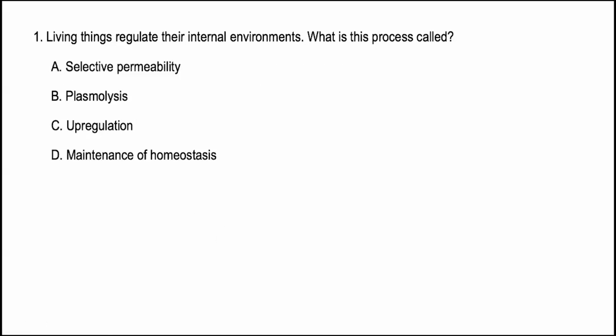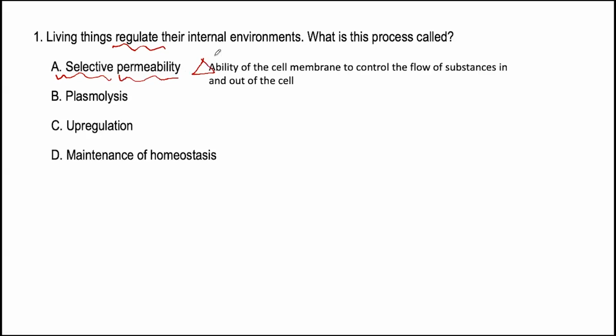Selective kind of sounds like it can regulate, right? So let's put a little pause here, because maybe the answer may not be the case. The definition of selective permeability is the ability of the cell membrane to control the flow of substances in and out of the cell.